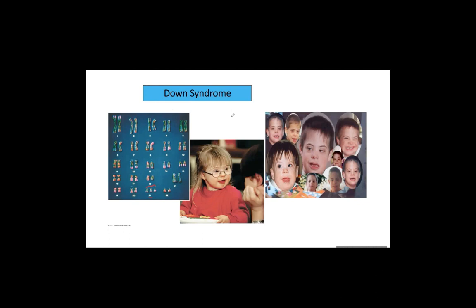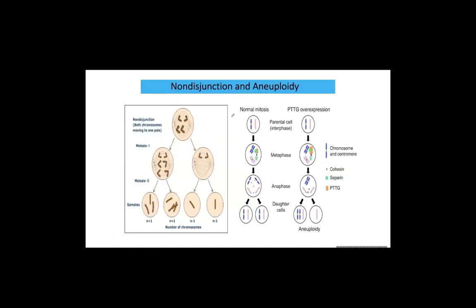Okay, so more chromosomes does not mean better. Exactly 46 chromosomes makes people normal. So this is non-disjunction and aneuploidy. Non-disjunction can occur during meiosis, and sometimes mitosis too. And when the daughter cell has an abnormal chromosome number, we call that aneuploidy.